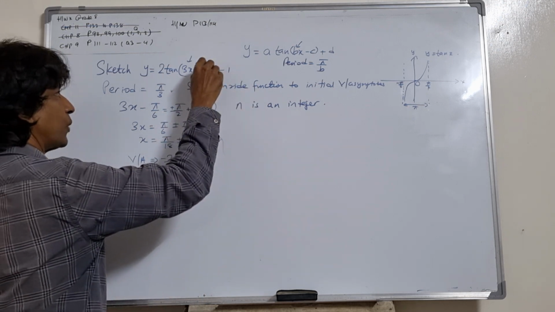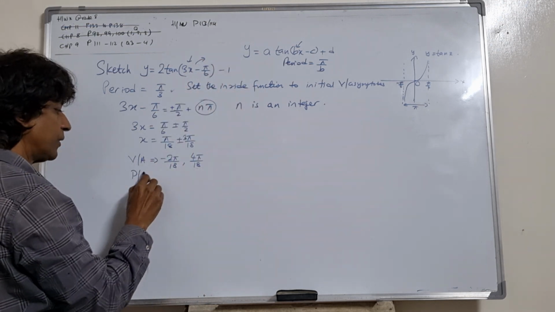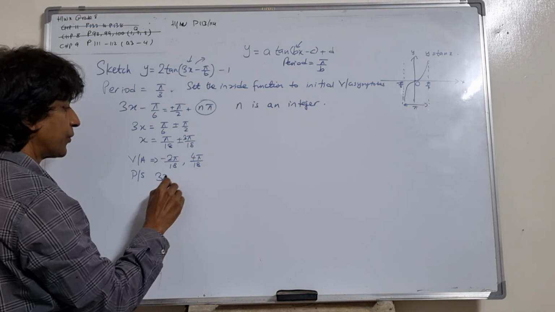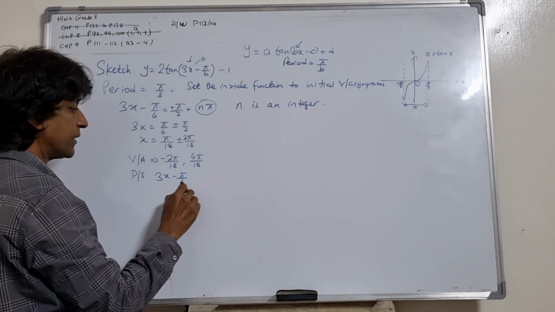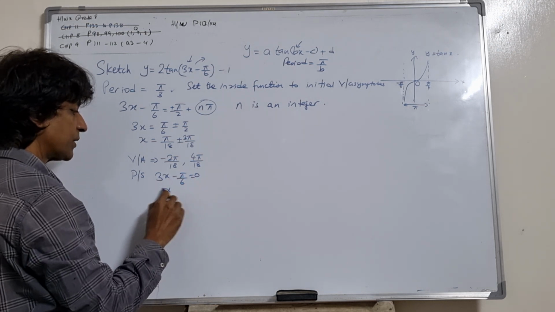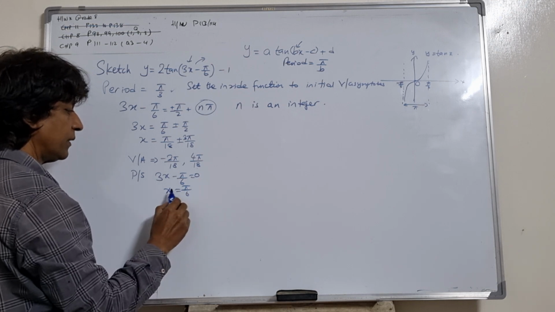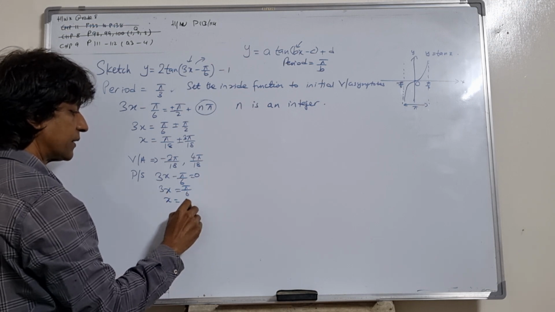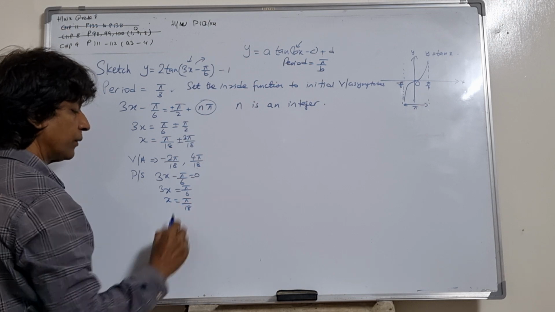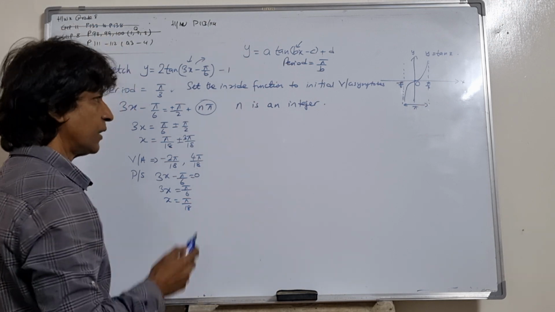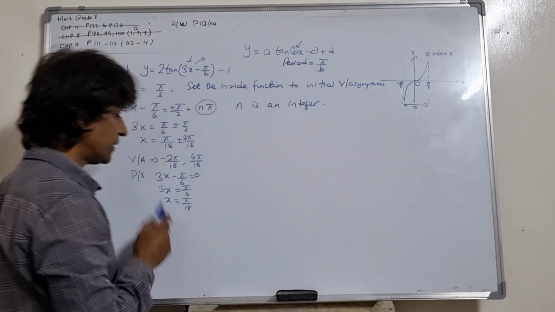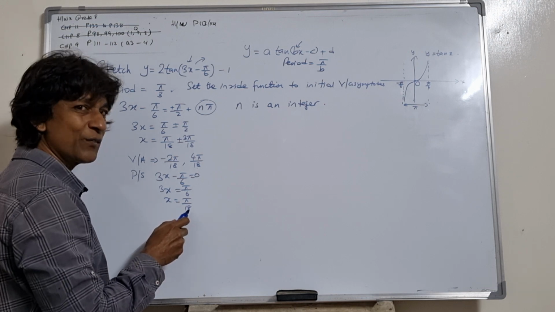So for the phase shift, we're going to set 3x minus π/6 to 0. So this becomes π/6. The 3 gets divided, and so x is going to be equal to π/18. Now, that means our graph is not going to start from 0, but it's going to start from here. That's the starting point of the graph.